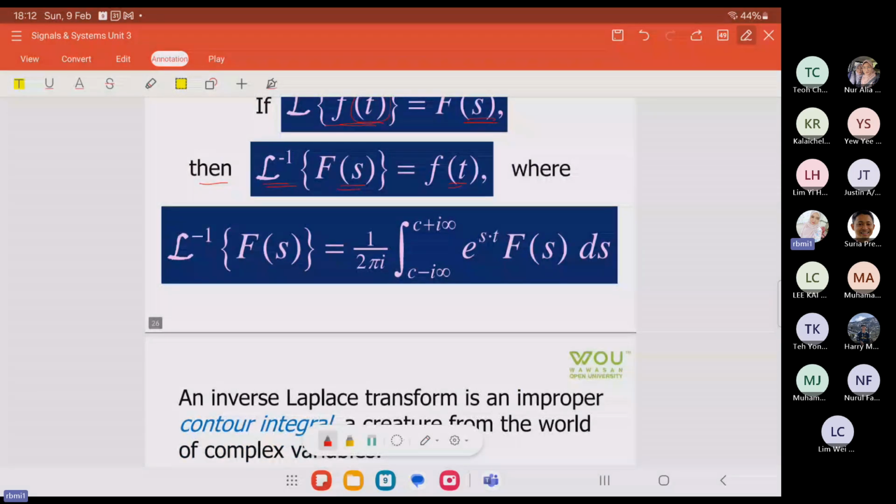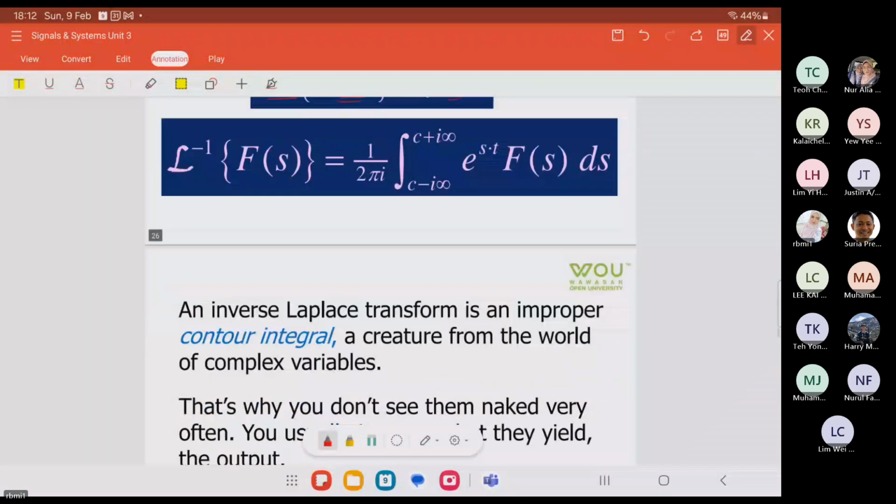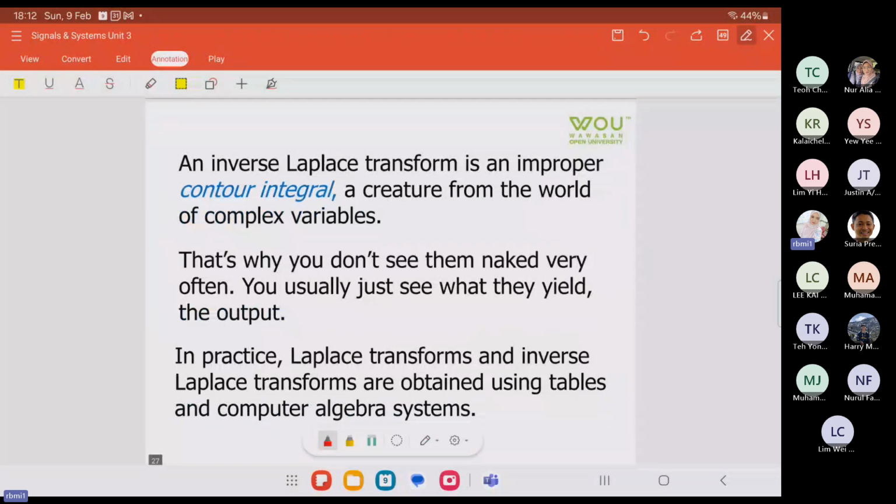When we use the Laplace transform to solve differential equations, the solutions are functions of the Laplace transform variable rather than of the time variable t. The Laplace transform is an improper integral, and we need a creature from the world of the complex variable.